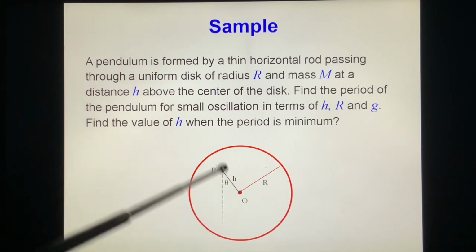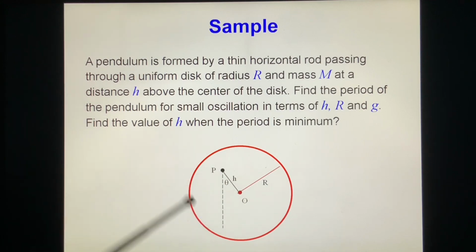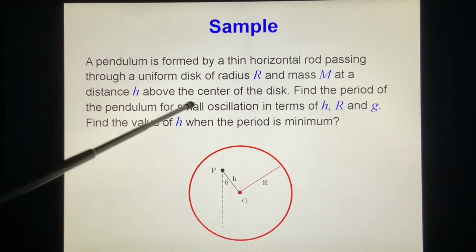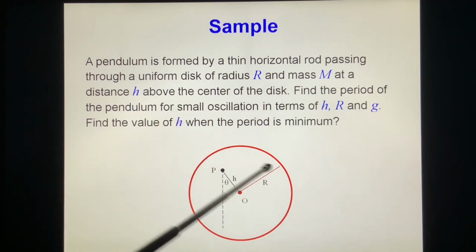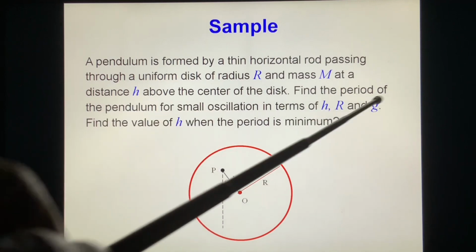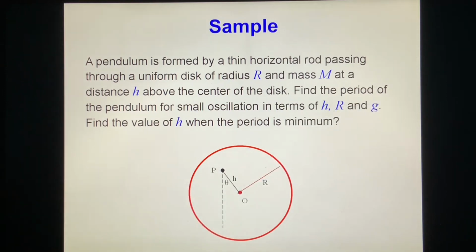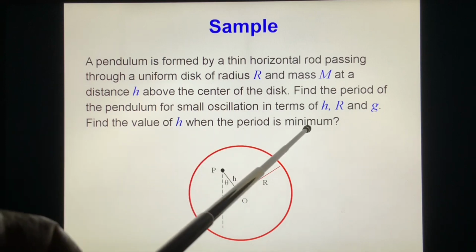It vibrates, small vibration, theta very small. Find the period of the pendulum for small oscillation in terms of h, r, and gravitational acceleration g. Find the value of h when the period is minimal.